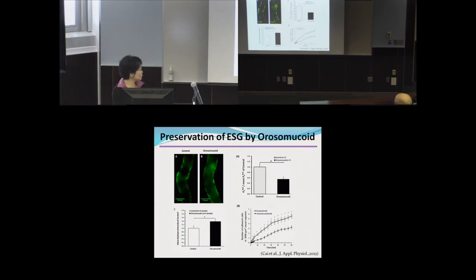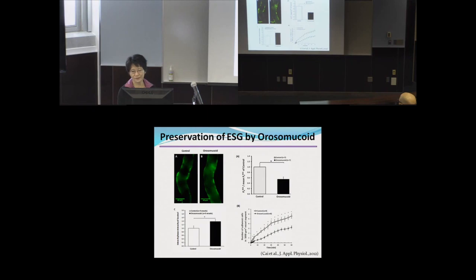Now we use orosomucoid, a natural plasma protein. We pre-treat, and then the surface glycocalyx increased by 40%, and we can reduce the solute permeability. It really increases the barrier and also reduces tumor cell adhesion.